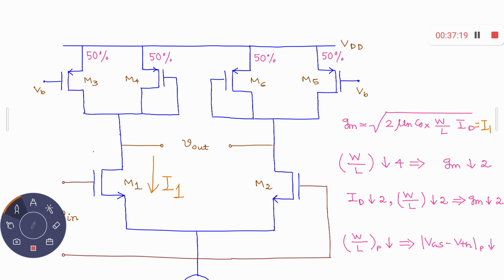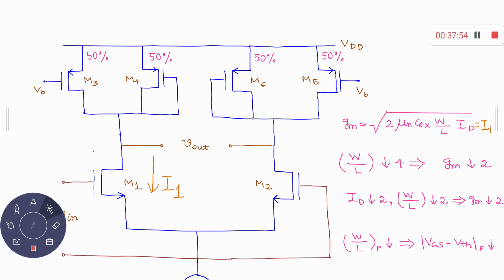This time ID is itself reduced by 2 times, because now you don't have the complete I1 flowing through this M4, rather I1 by 2 is flowing through M4. So in order to reduce gm by a factor of 2, W by L has to be reduced by only a factor of 2. W by L reduced by a factor of 2, ID reduced by a factor of 2, so that gm will reduce by a factor of 2.